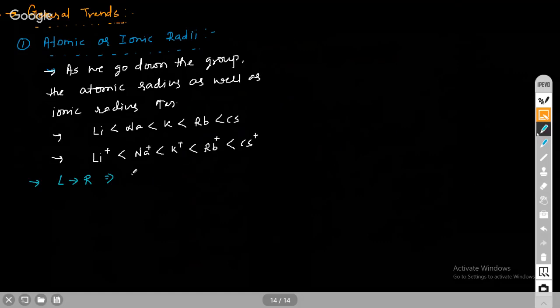Due to effective nuclear charge, atomic radius decreases. What is effective nuclear charge? I have discussed this in periodic properties, so you must go through and revise.